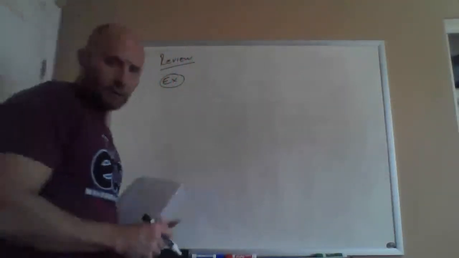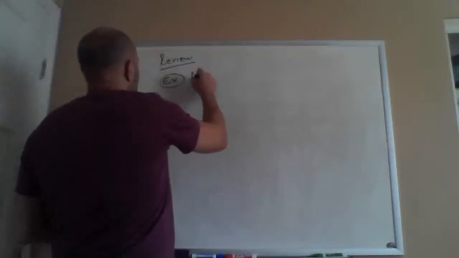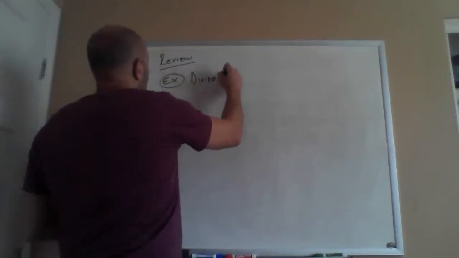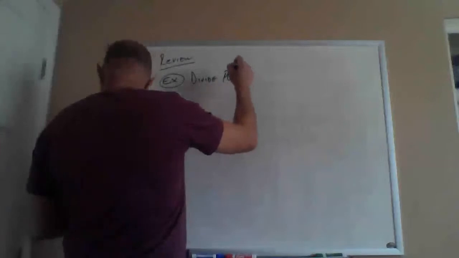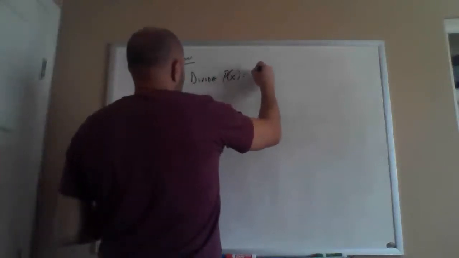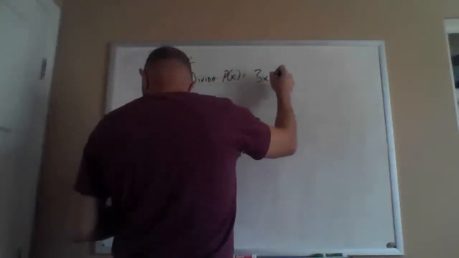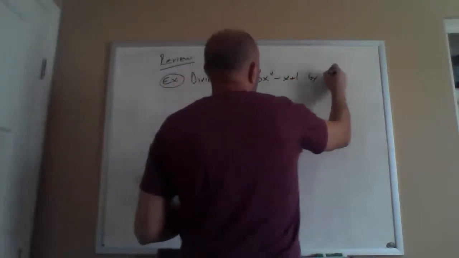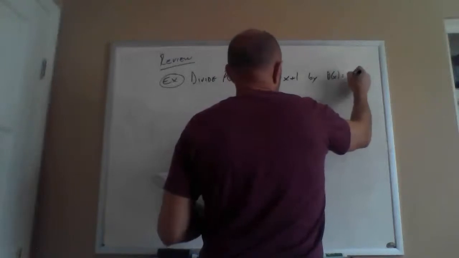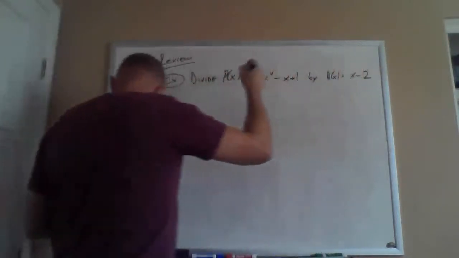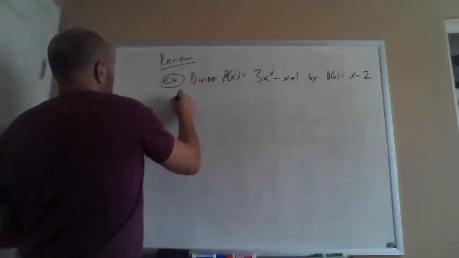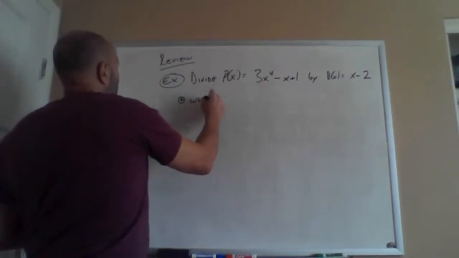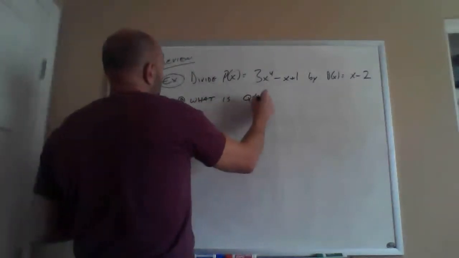Divide p of x is equal to 3x to the fourth minus x plus 1 by d of x, which is x minus 2. Part A asks, what is q of x?